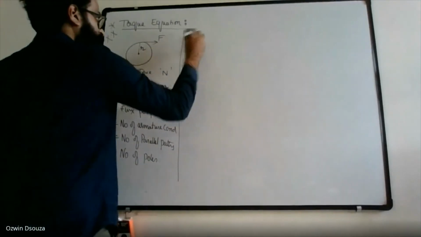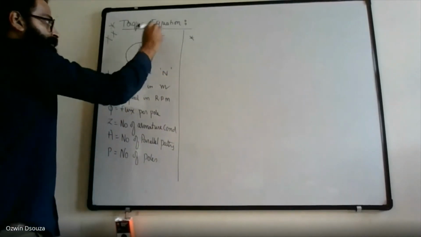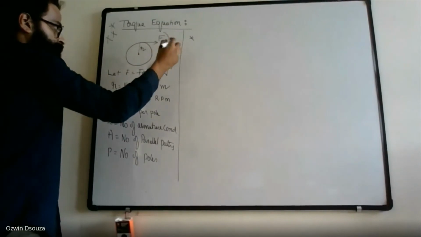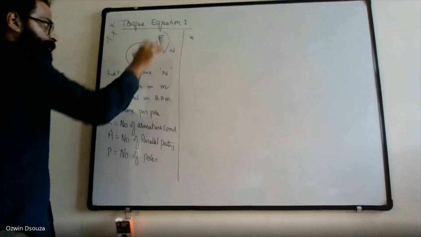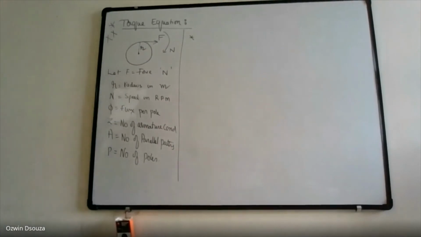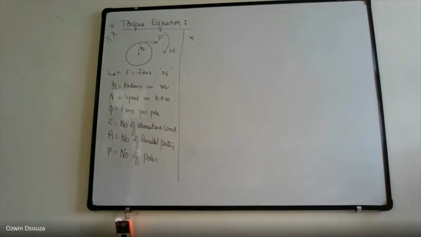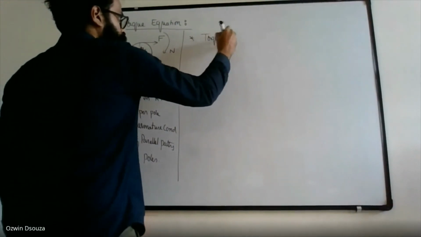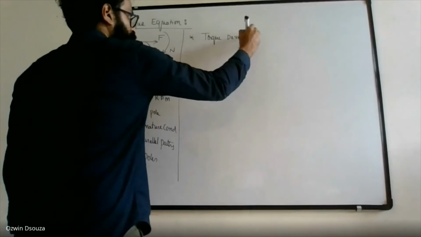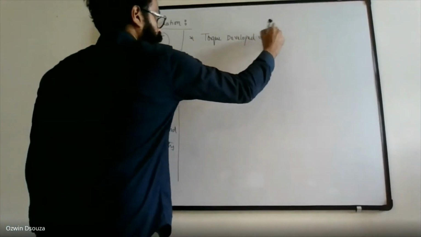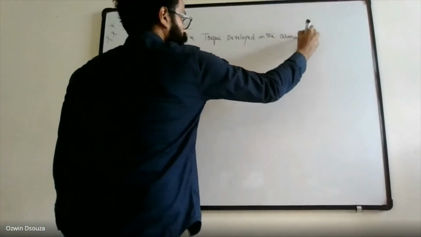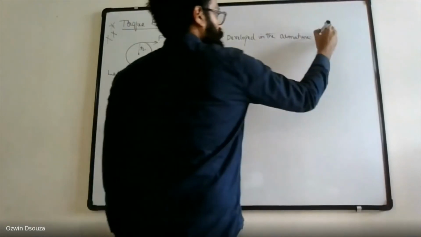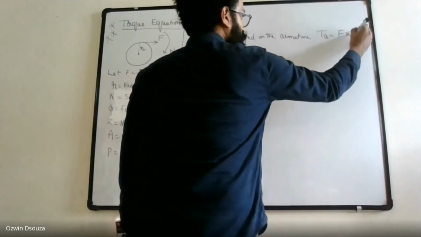Then we can write, the rotor rotates with the speed of n rpm. So then we can write the torque developed in the armature, something like Ta is equal to force into distance.